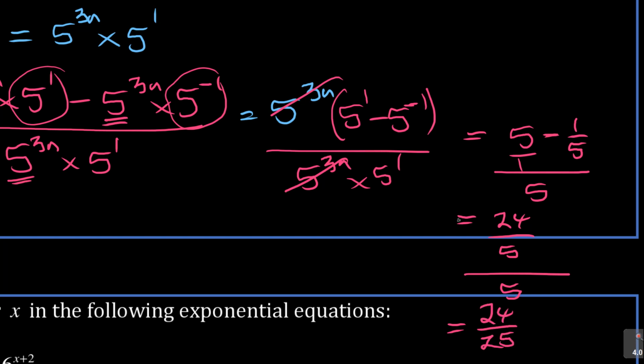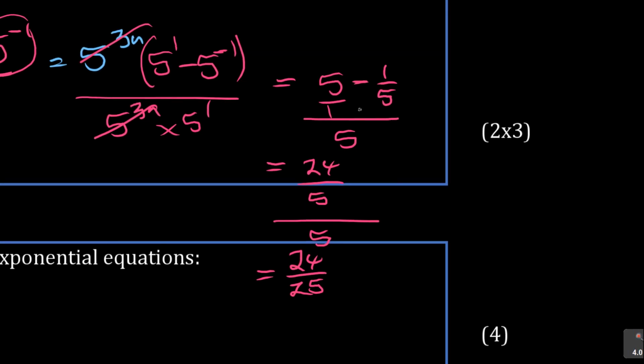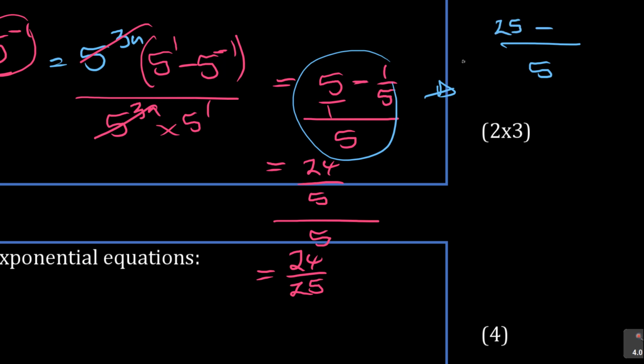You see, I used the calculator here on its own, but the question is, what if I wanted to work it out myself? From here, you saw that the common denominator is 5. Over 5, 5 into 5 is 5 times 5, it's 25, minus 5 into 5, 1, there is 1 there, over 5. We are now doing the normal subtraction. 25 minus 1 is 24 over 5. Now this line you say divided by 5.